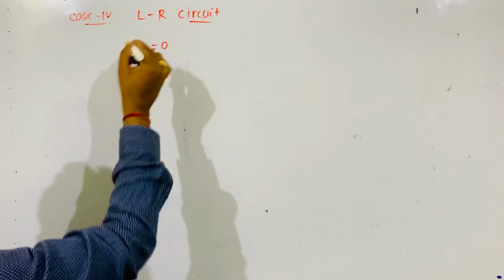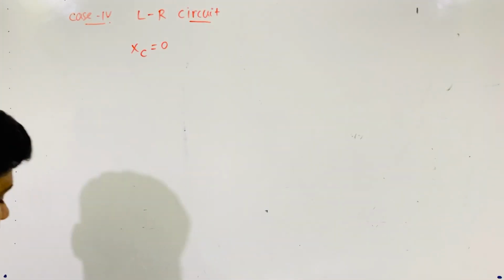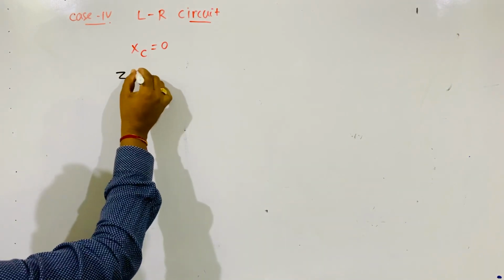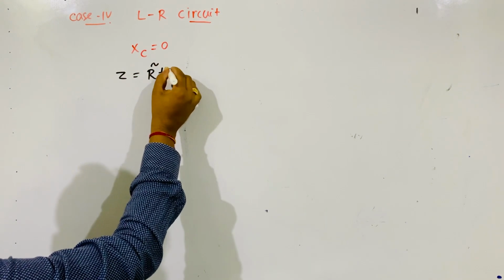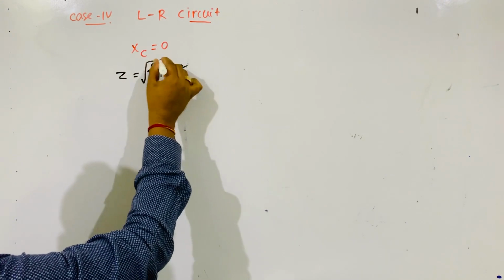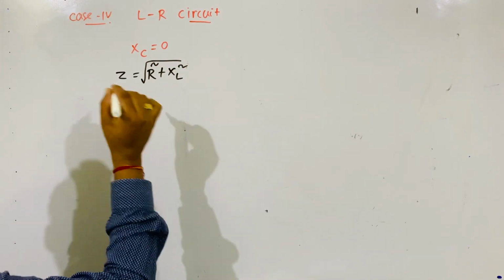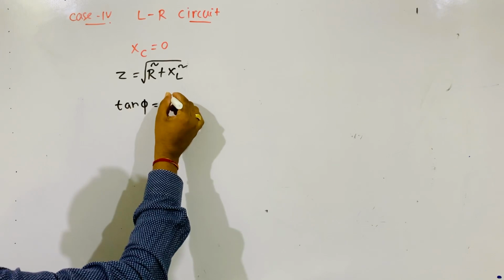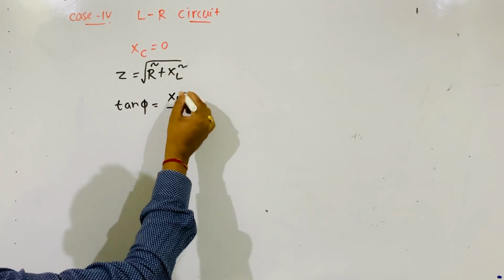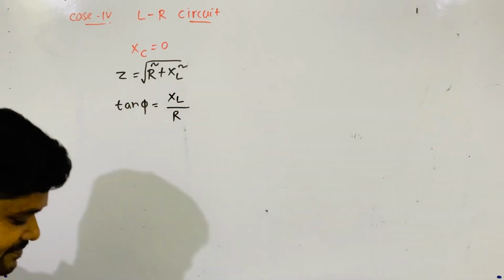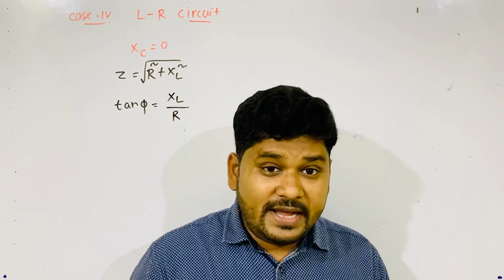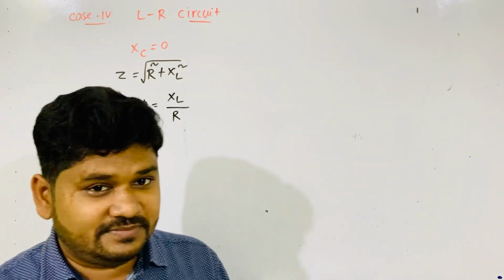XC is equal to 0. If XC is 0, what is the value of Z? The square root of R square plus XL square, because XC cancels. What is the value of tan phi? Tan phi is XL, XC is cancelled, by R. You have to write that.